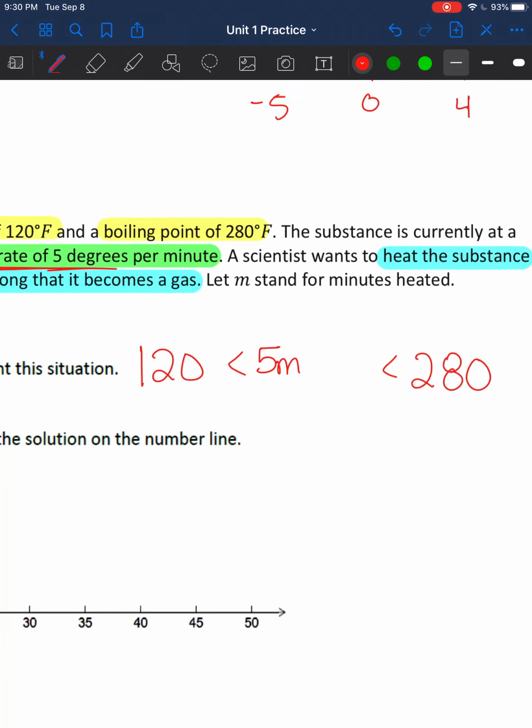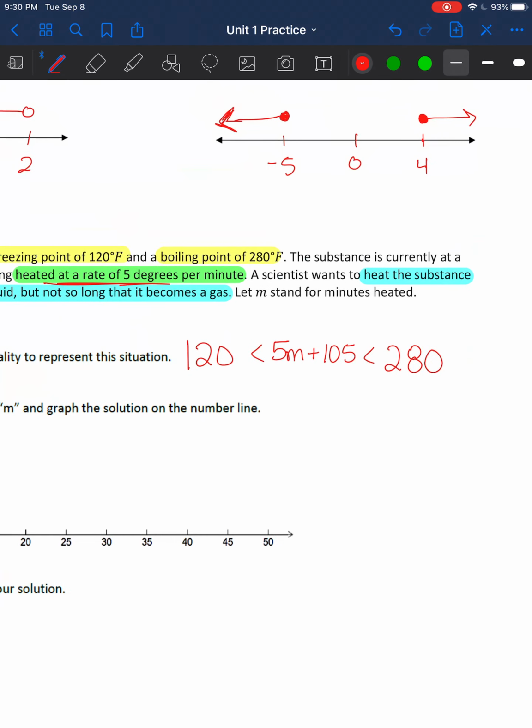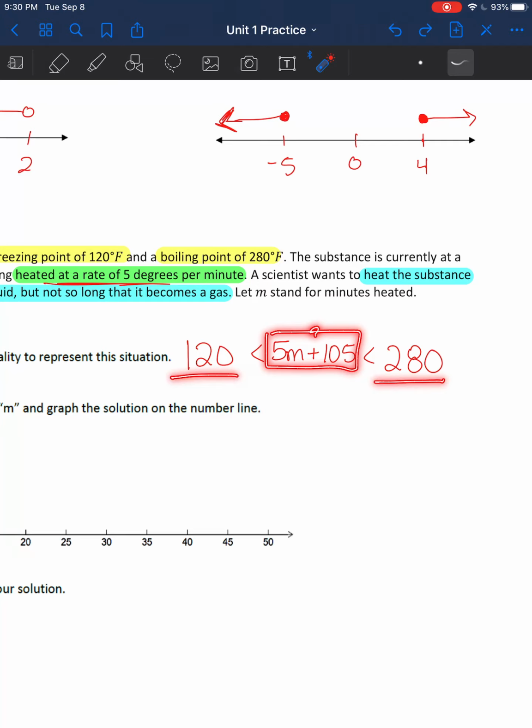If it's already at 105, then I'm starting at 105, so that's plus 105. The middle part represents my substance temperature. And this is saying that I want my substance's temperature to be less than 280, but greater than 120.